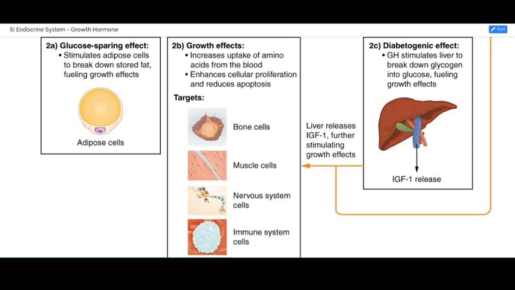Those growth effects, which are listed in Part B here, are really growth of most every tissue. The targets that they list here are bone cells, muscle cells, the nervous system, and immune system cells.